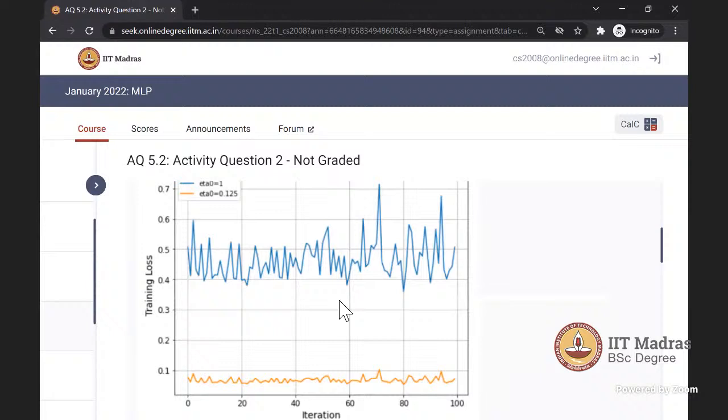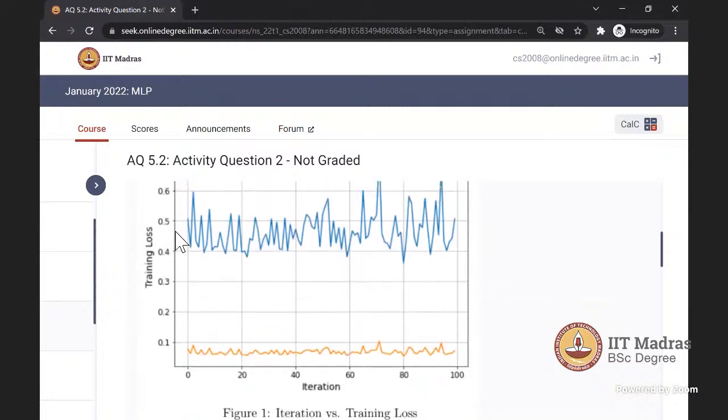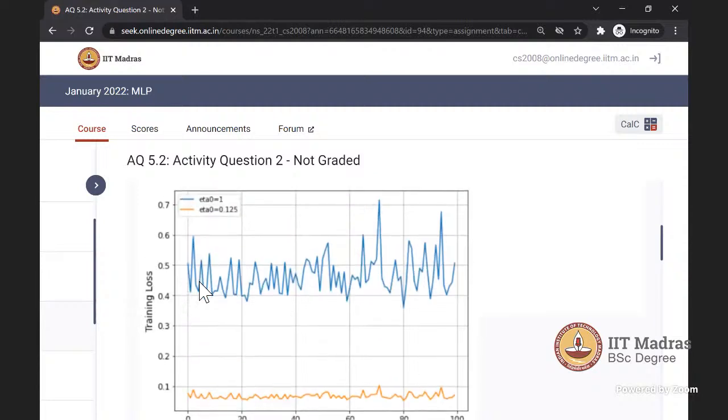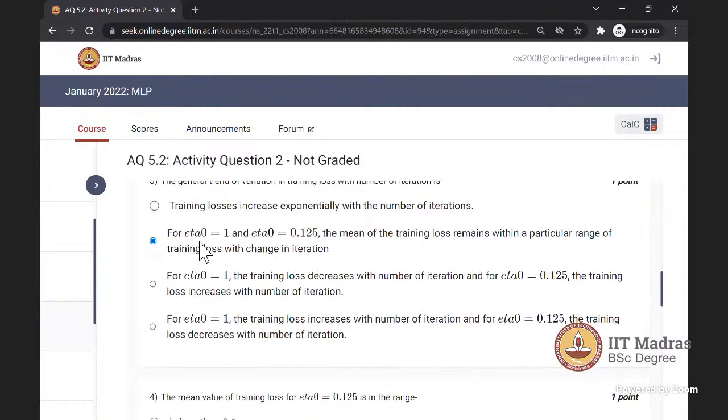What this statement means is, for each learning rate, the mean of the training loss is going to stay in a certain range. That means it is neither going very high nor too low. So this seems okay as of now.